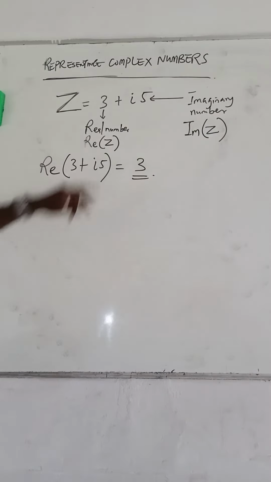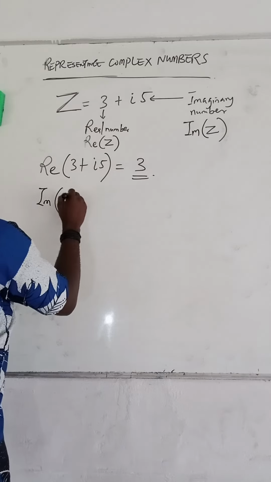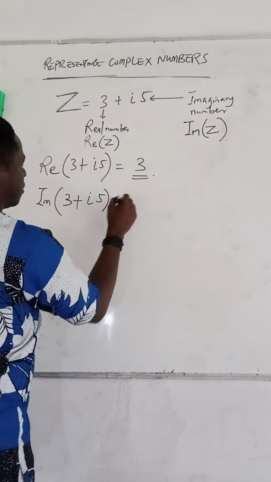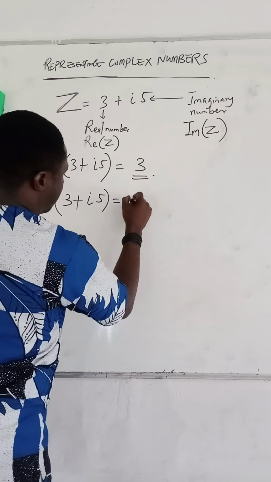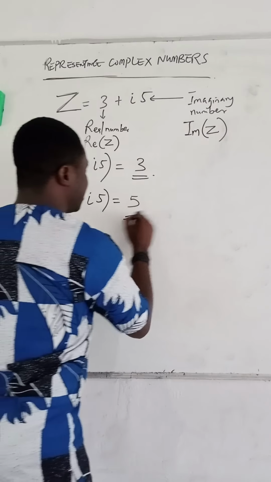This is the real number part. While the imaginary part of the complex number, which is represented by 3 plus I5, is equal to 5.